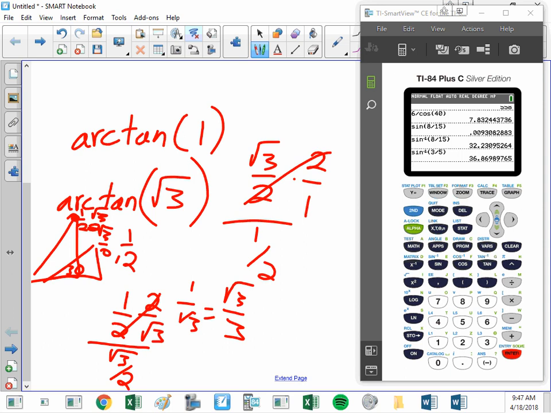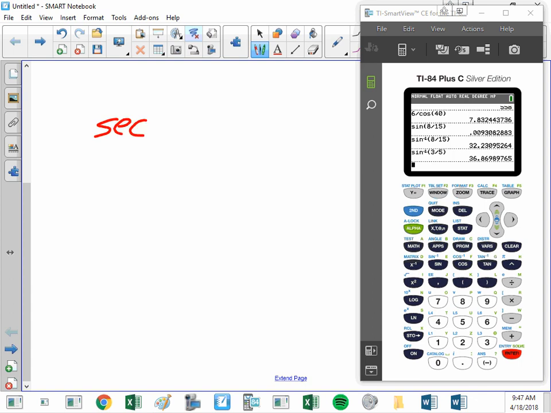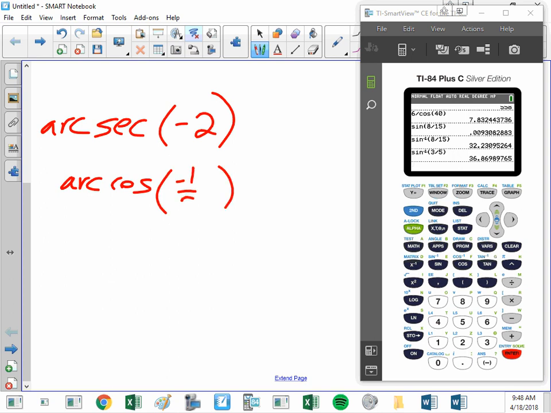Okay. Now, what about negative angles? So what about the arc secant of -2? Well, I don't like the secant, so I'm going to change it to the arc cosine of -1/2. Now that will not be found in quadrant 1. So it could be in 2 or it could be in 3.